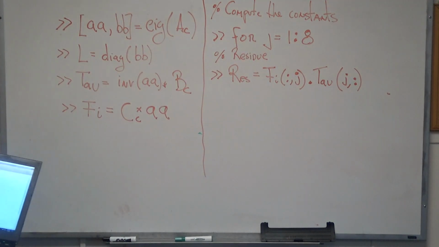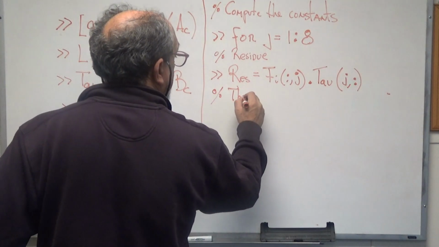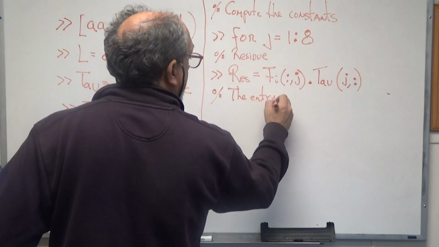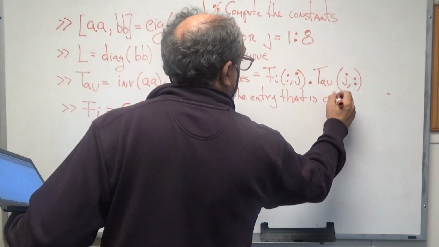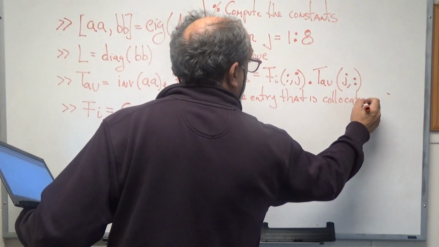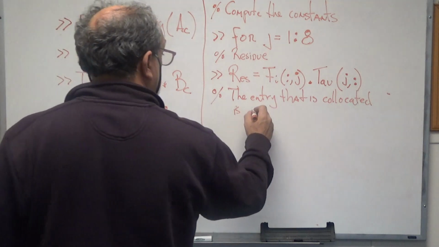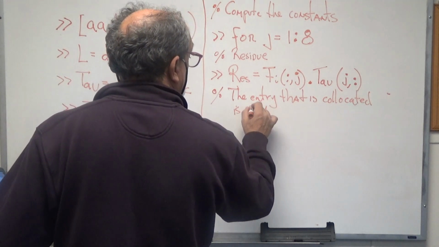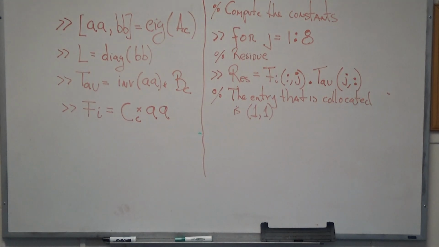Now, the entry of the residue that is collocated, this is a commentary, right, is the 1, 1, right? Because it is in the coordinate 1 that we have input-output, right? It's the first input and the first output that are in the same place.